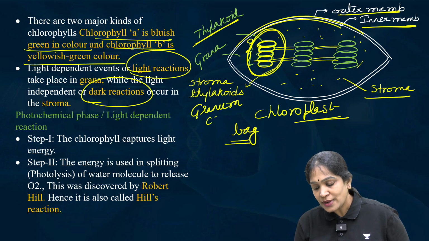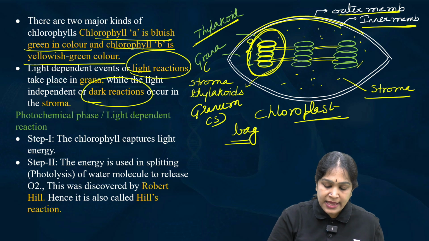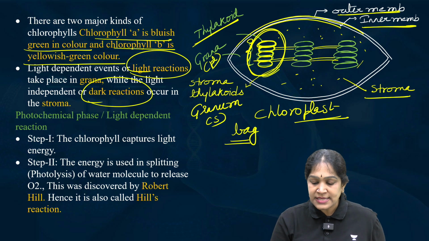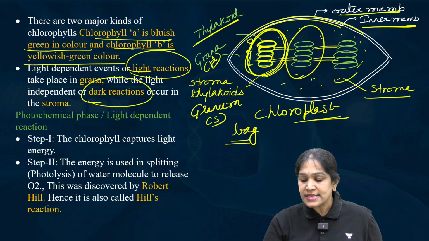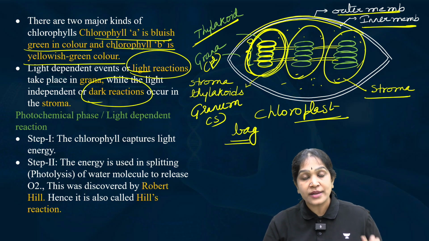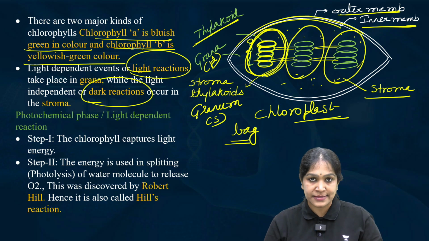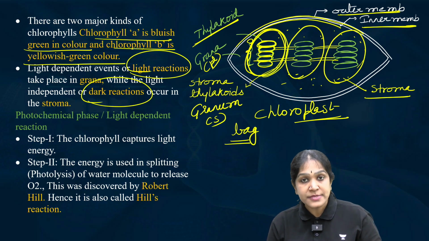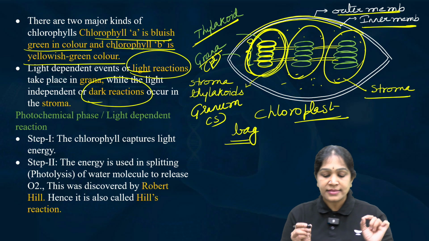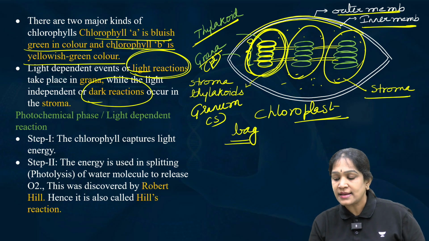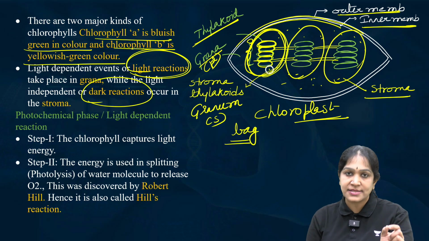Granum is singular and grana is plural. This is one granum. This is one more granum. This is another granum, that is one more bundle of thylakoids. These three granums together is called as grana, and the light reaction occurs in the grana of the chloroplast.